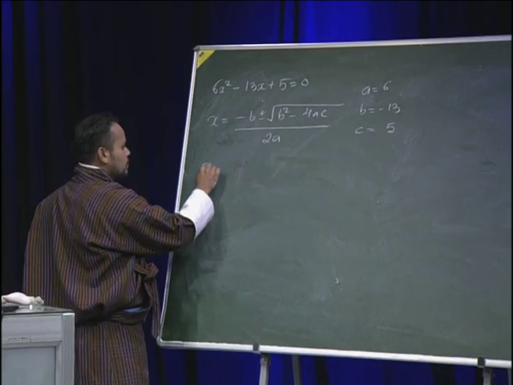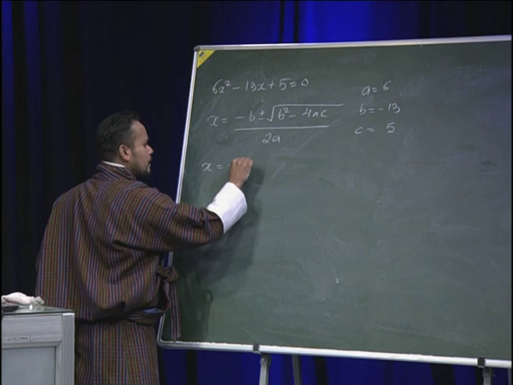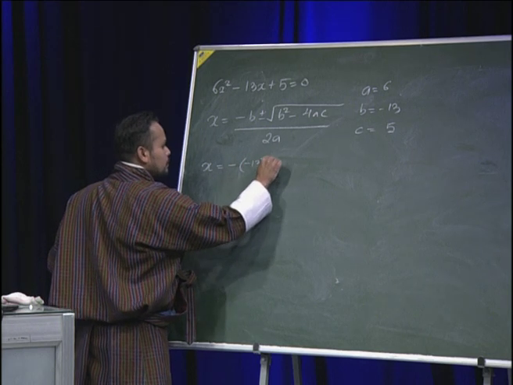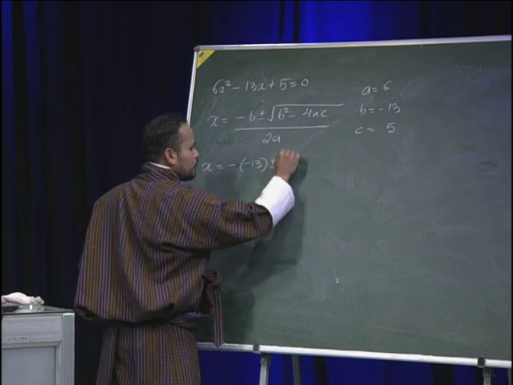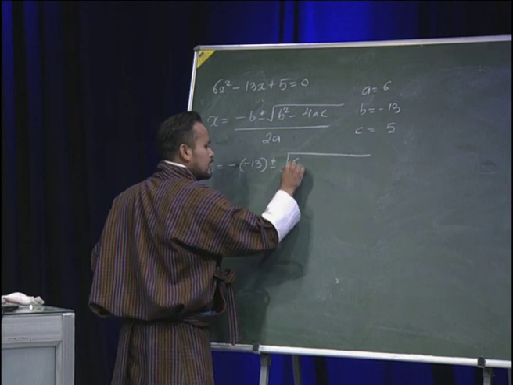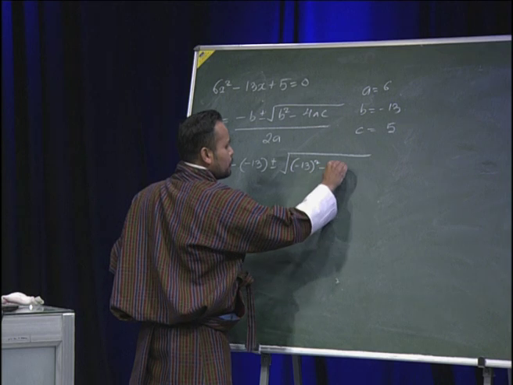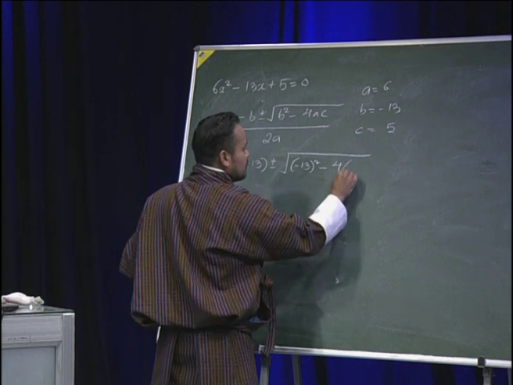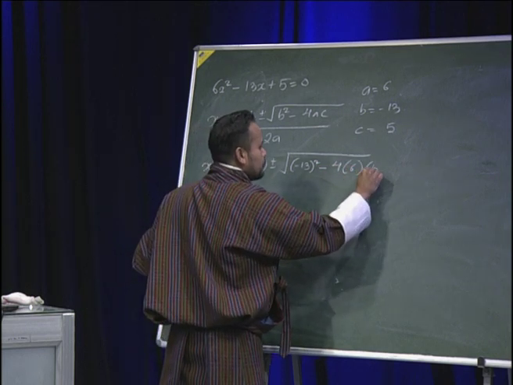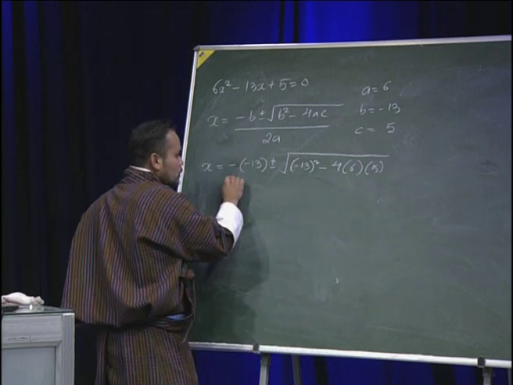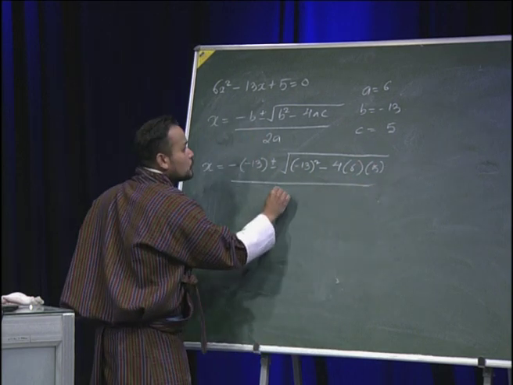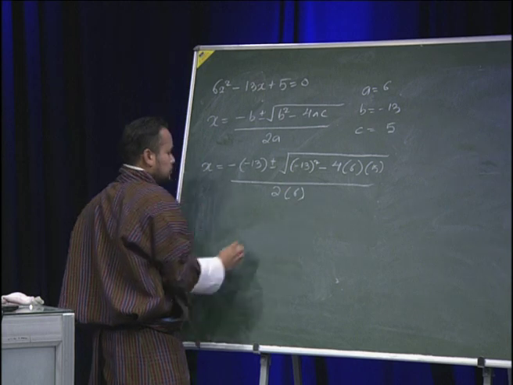So x will be equal to negative of negative 13 plus or minus root of negative 13 square minus 4 times 6 times 5, whole divided by 2 times 6.